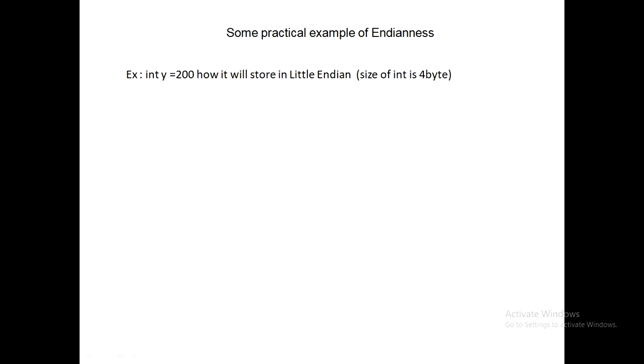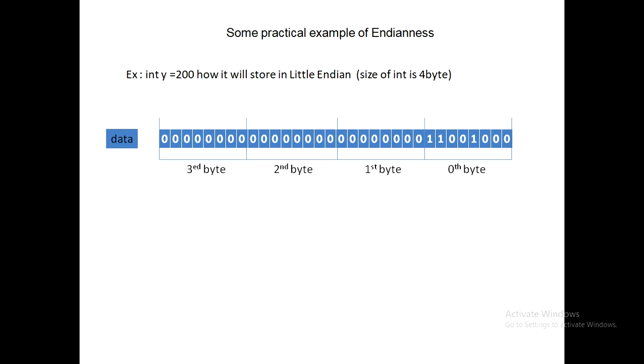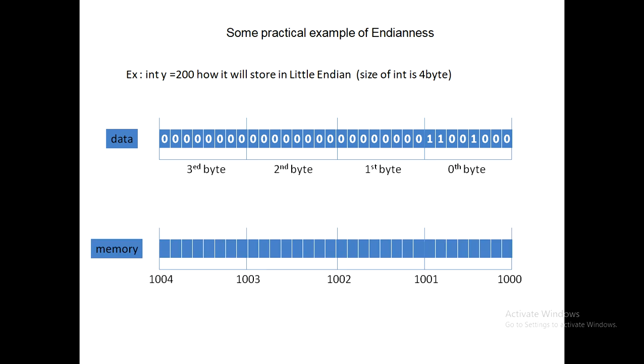So let's see how this information is stored in little endian and big endian. First we will see how 200 is stored in a little endian system. This is the data, the representation of 200 in binary form, and this is our memory. Here the lower byte is stored at the lower memory address.